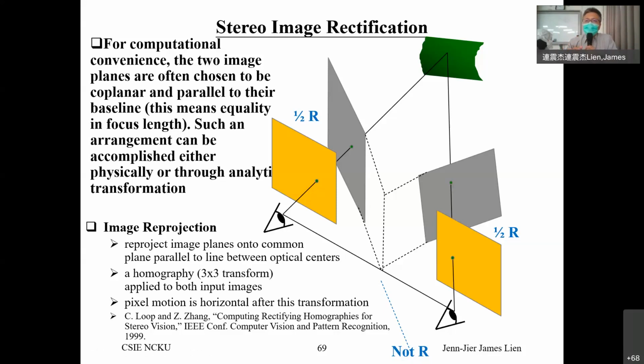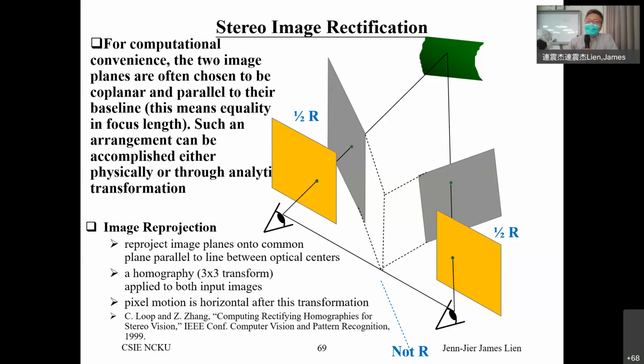Pose means the 3D position of the camera. Based on the pose, we project the image plane of the camera back to the virtual plane, and we hope the planes of the two cameras are parallel to the baseline. If it's parallel, it will be easy to find the corresponding point.